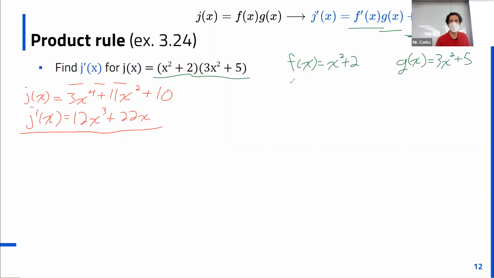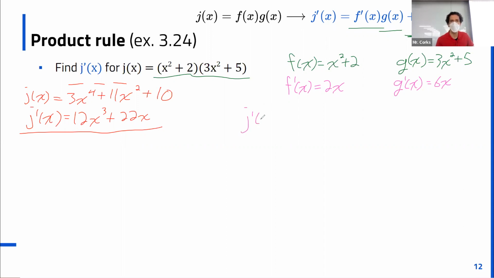All right, and then we'll need our derivatives as well. Our derivative of f here is 2x, and our derivative of g would be 6x. So those are the four different parts we're going to need to put into our product rule here.